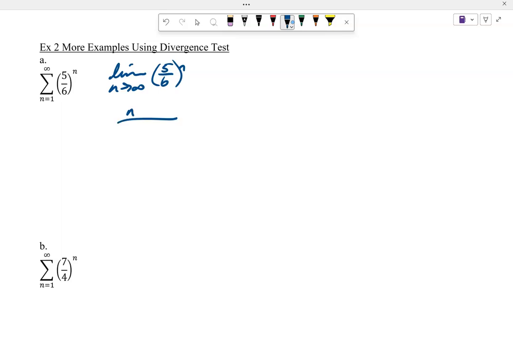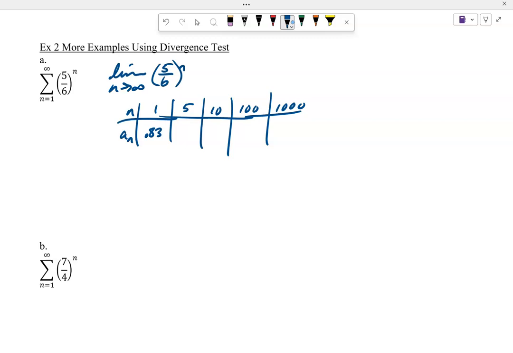If you did make a table, plug in 1, maybe plug in 5, 10, 100. (5/6) to the 1 power would be 5/6, or 0.83.